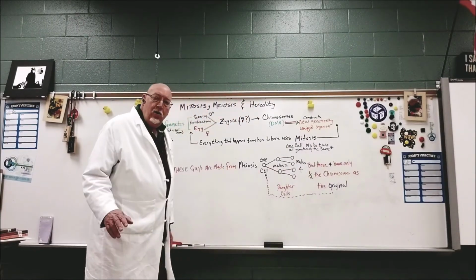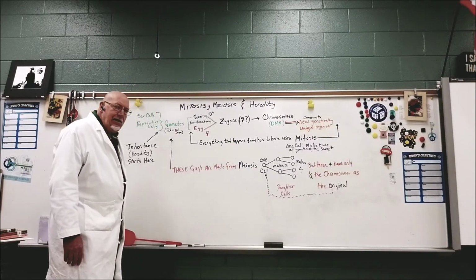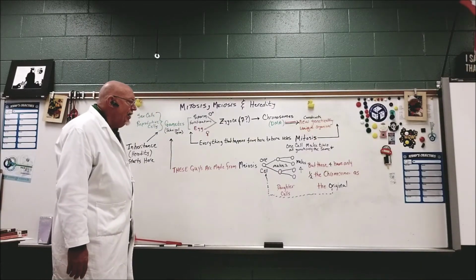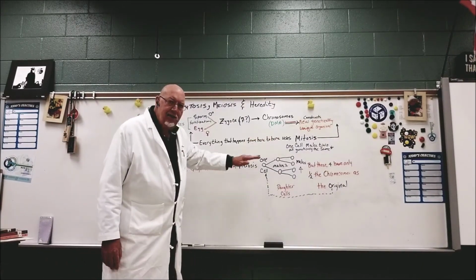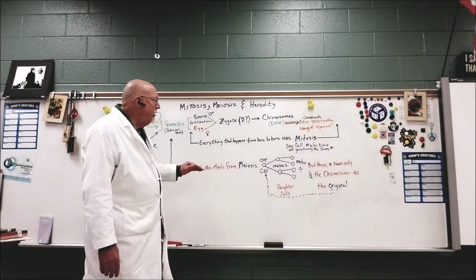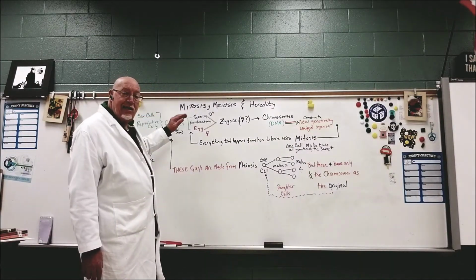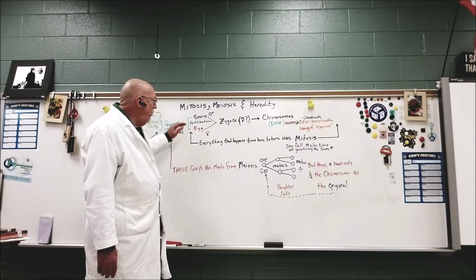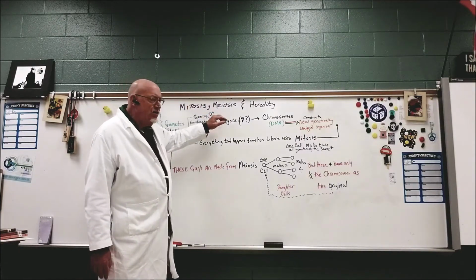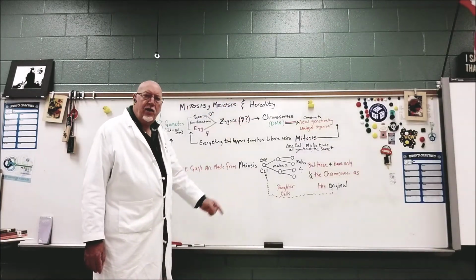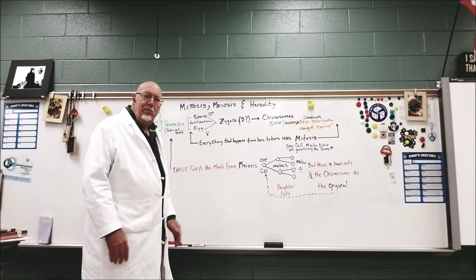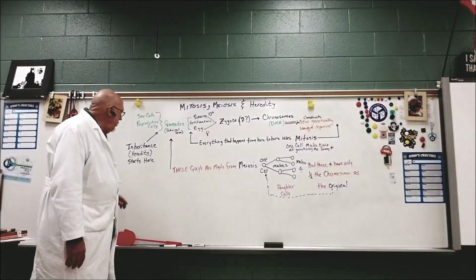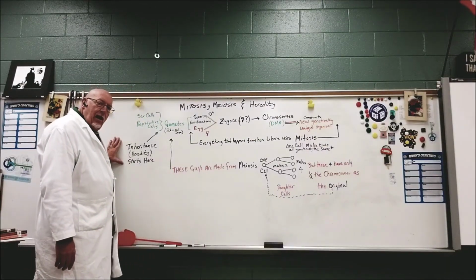All right? So those are how those things are all linked. And we're going to go into more detail about these two processes next week. But I just wanted to give you guys the highlights of it so you have an idea of when we start talking about mitosis and meiosis, and later on when we start talking about heredity, it'll all be a little bit clearer. Okay? So that's the basics of it.